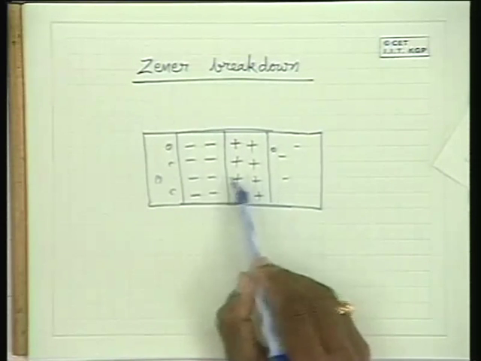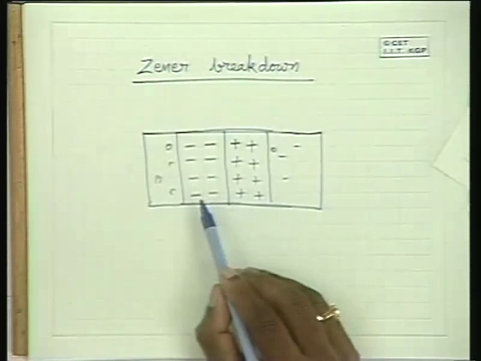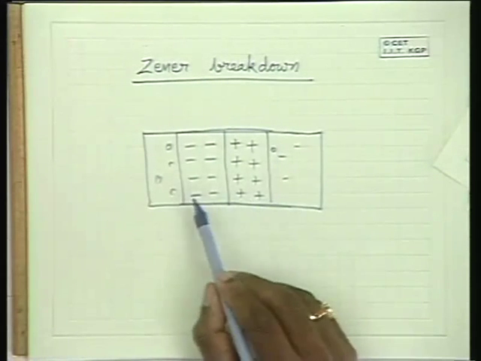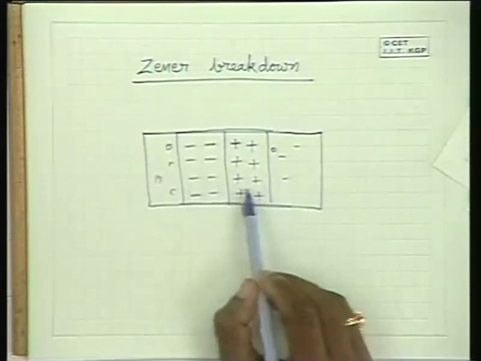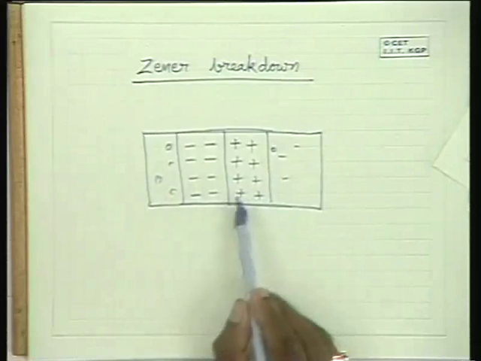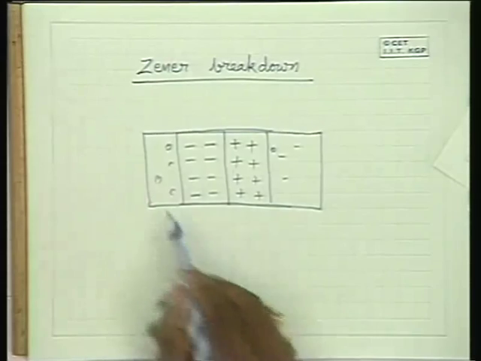If the field itself is very large and the potential is much larger than the band gap, the valence electrons may get out of the covalent bonds and become available as free electrons. It is not because of bombardment by the minority carriers, but because of the huge amount of field available here through the junction charge, which is partially caused by the external strong reverse potential.